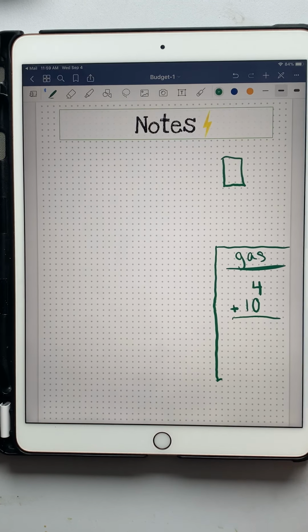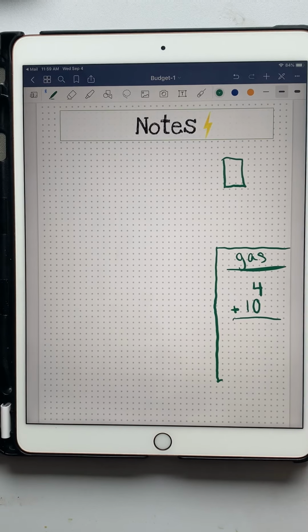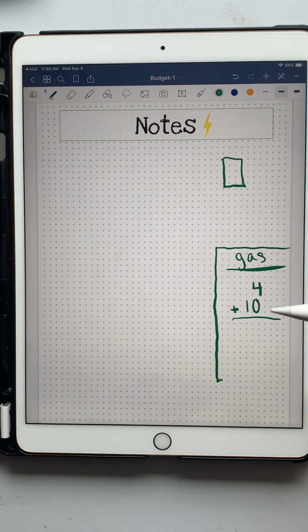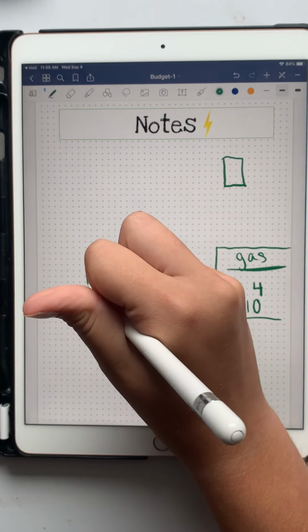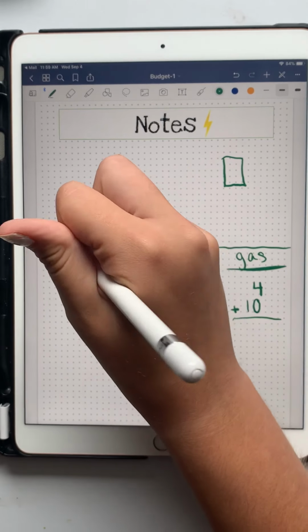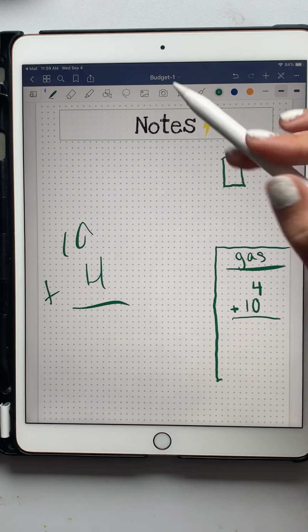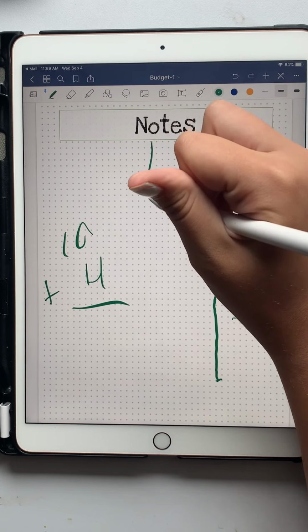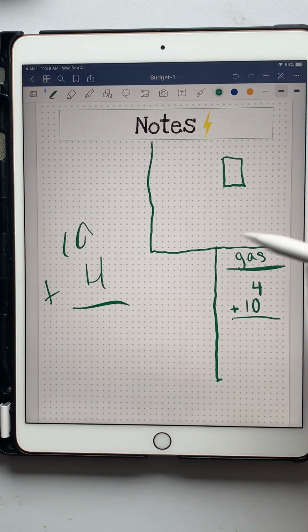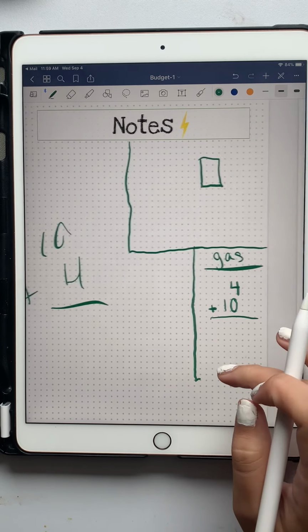So that's just another way to use this sheet. You could just use a scratch paper and write your numbers wherever you please. But the dots are helpful, especially if you want to section something off. So maybe that's your shopping section or whatever.